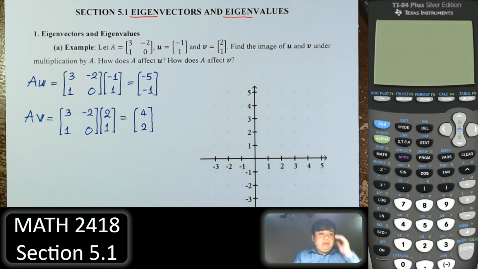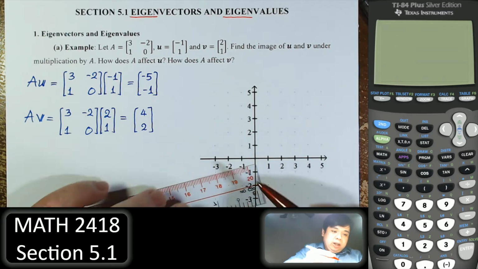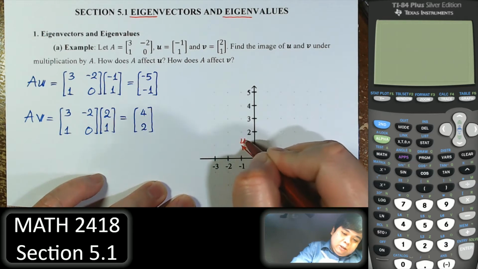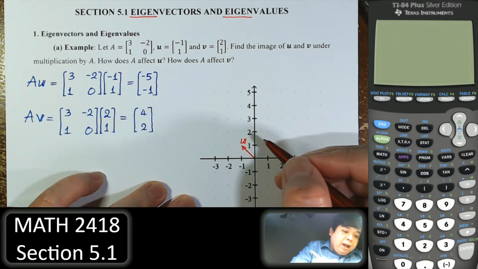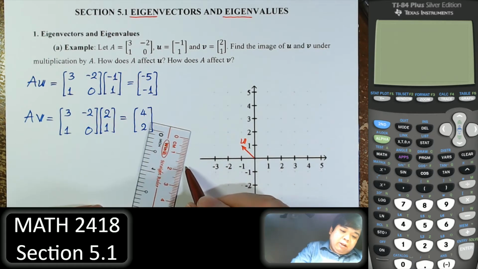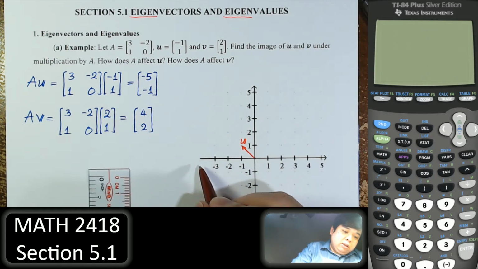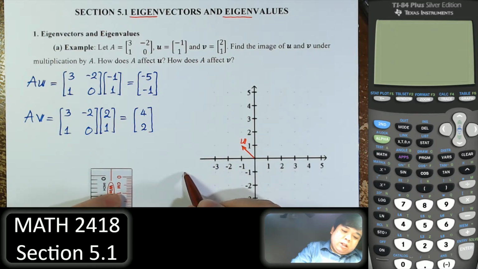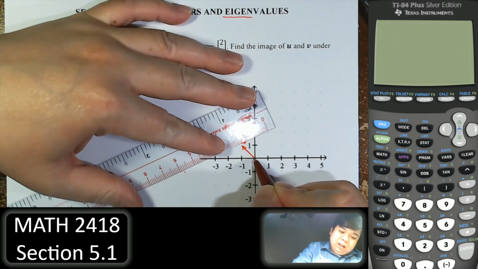Let's just graph both cases. First we have u, which is -1 and 1, and A times u is -5 and -1, so that is somewhere around here.